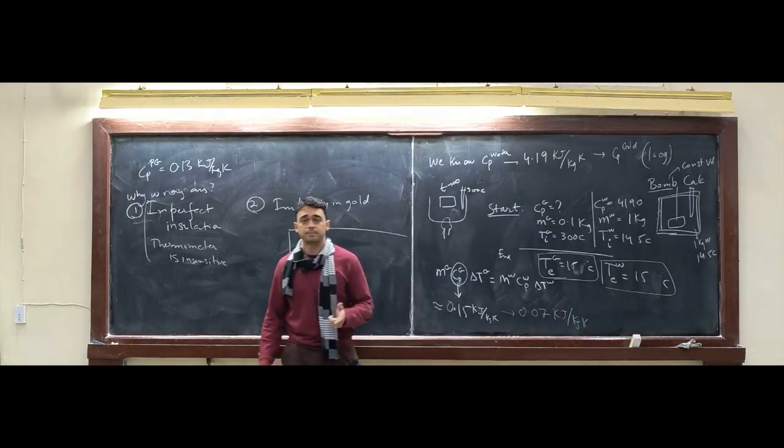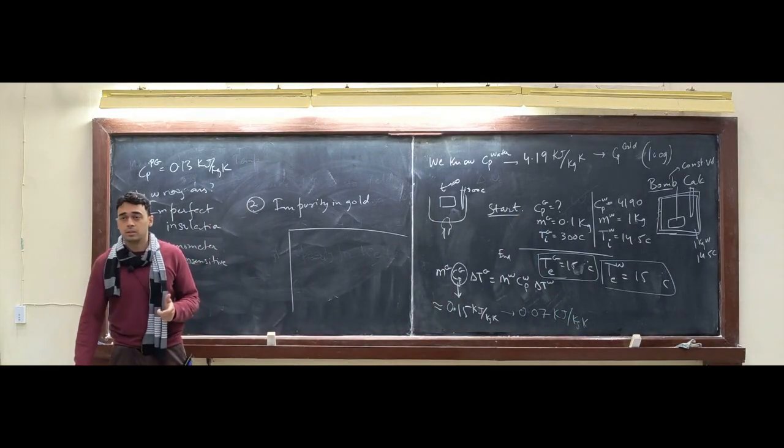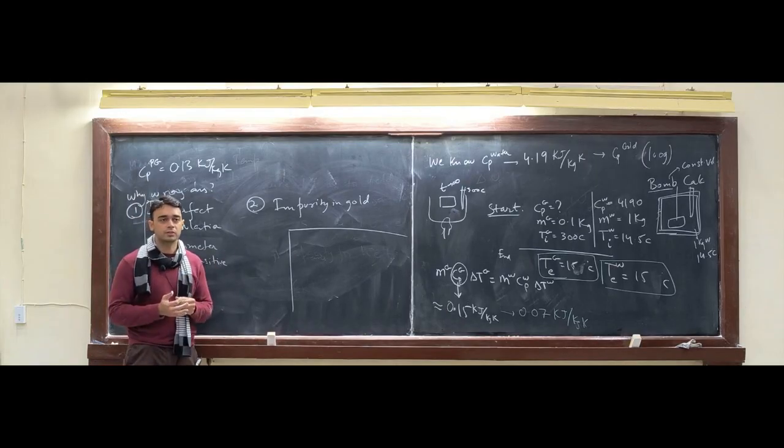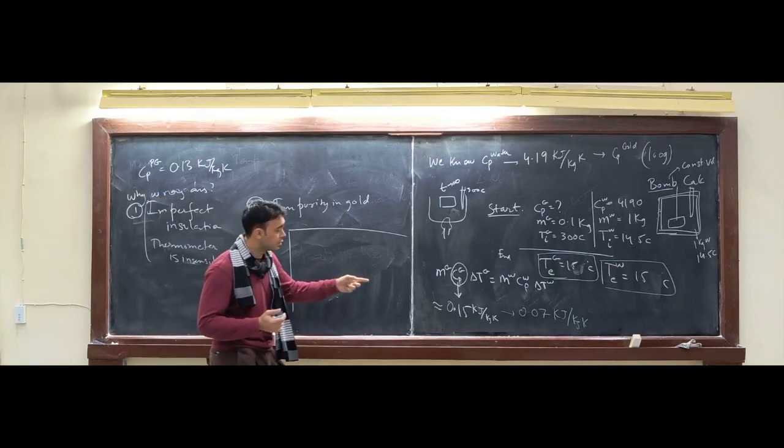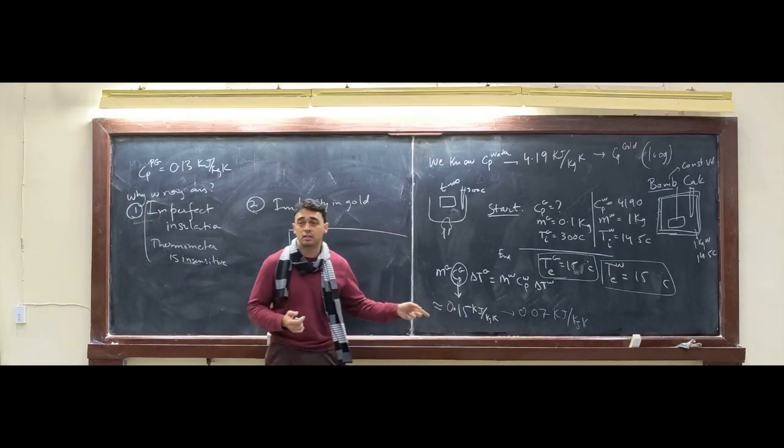So what happened? The further imperfect conditions reduce the Cp to half. Why didn't you get the answer to be double, 0.3?